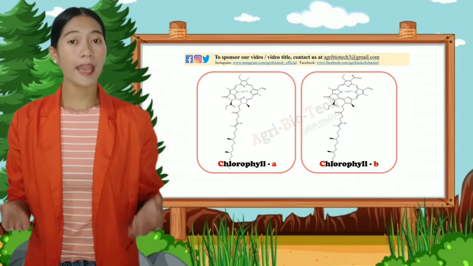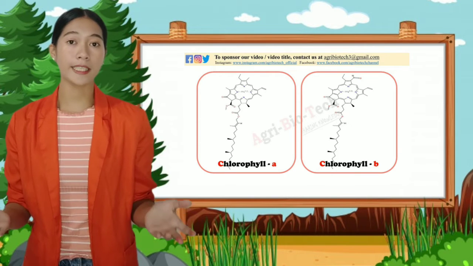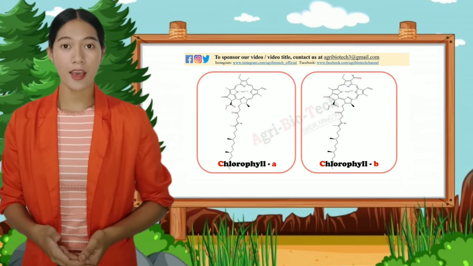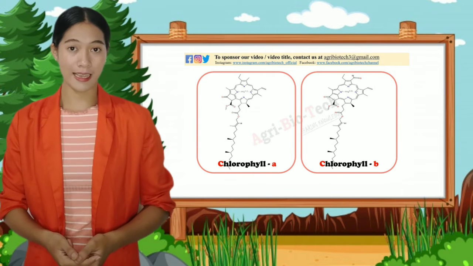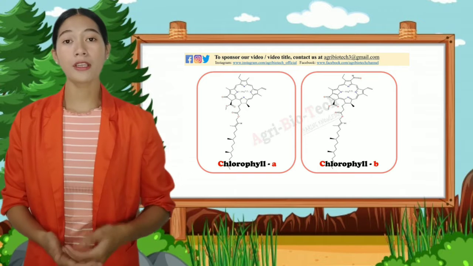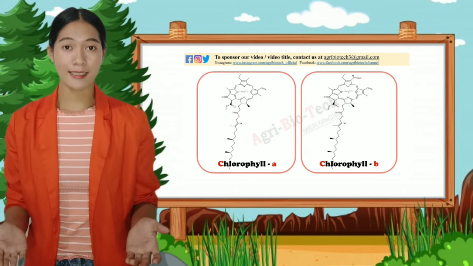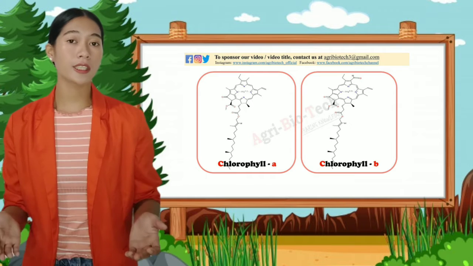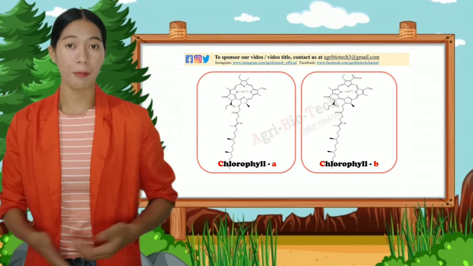So chlorophyll A and B are two types of chlorophyll found in plants and green algae. Both are involved in the process of photosynthesis. Both chlorophyll A and B are found in the chloroplast, associated with integral membrane proteins in the thylakoid membrane.